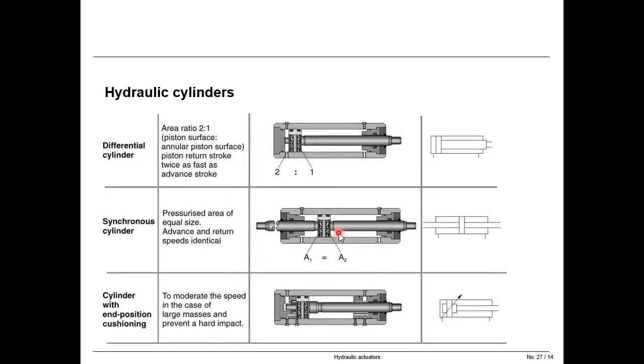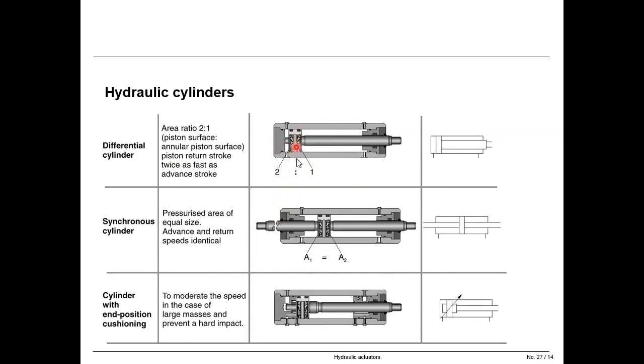Okay. So then we discussed the type of cylinders here, the differential cylinder, where we have interesting properties regarding the piston. The area of the piston on the piston rod side is half of the piston area of the back side.